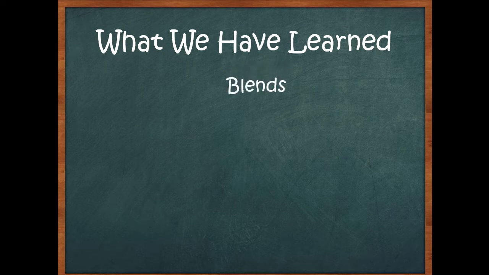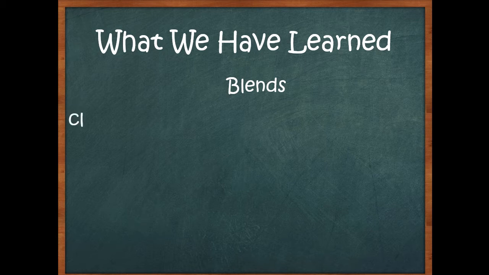We also learned about blends. So digraphs, as we said, were 2 letters that stick together and make one sound. Blends are 2 or 3 letters that stick together, but they keep their sound. No one loses their sound.